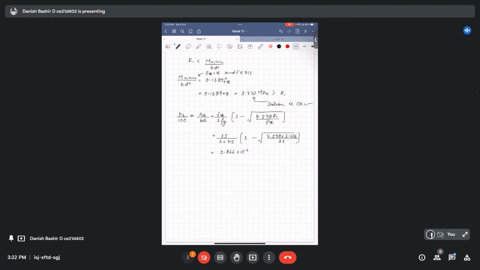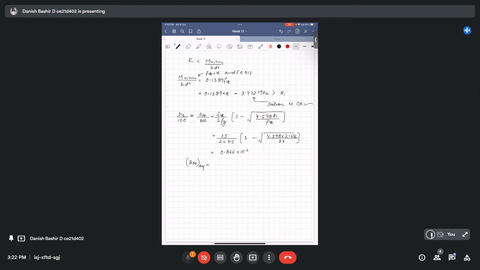So we have to see how much AST will be. AST is the required value. Remember, required value. After that we will assume the provided value.